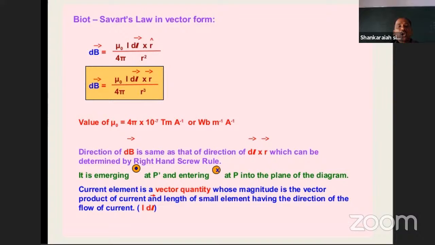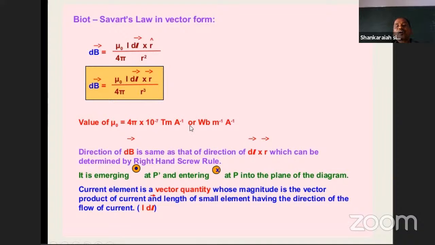A vector whose magnitude is equal to 1 unit is called a unit vector. r cap is equal to r bar divided by r. So dl bar cross r bar divided by r square into r, this is the r cube. Got my concept? Its value is 4 × 10 power minus 7.